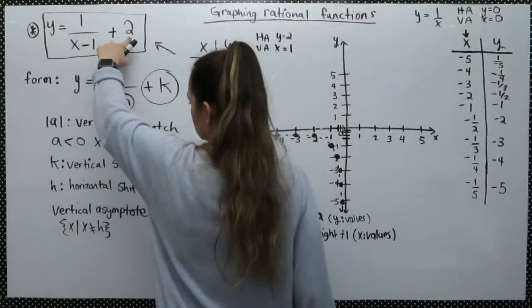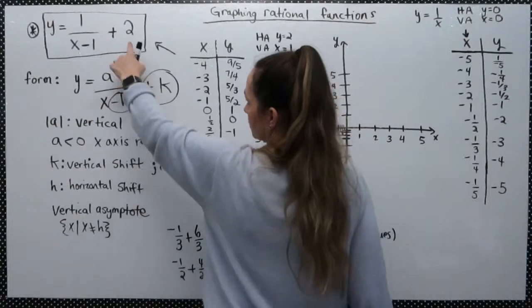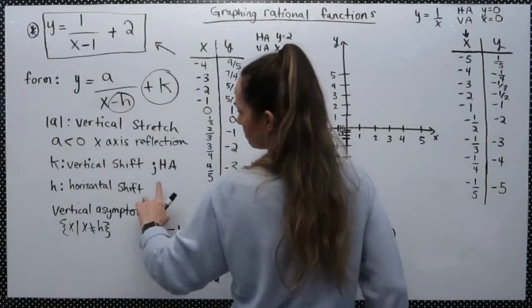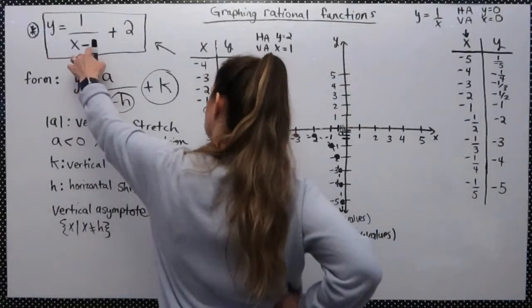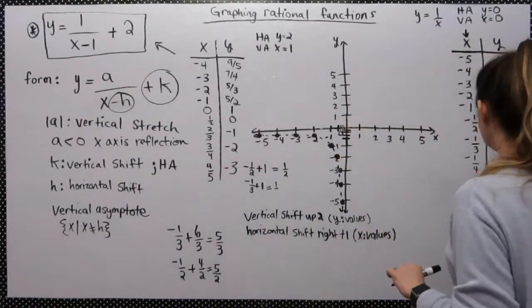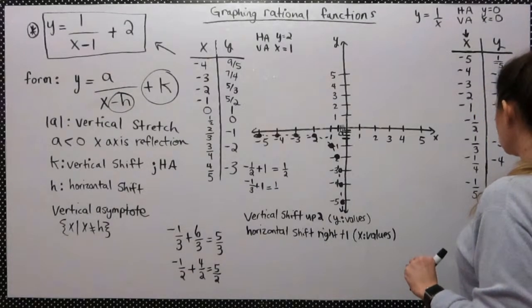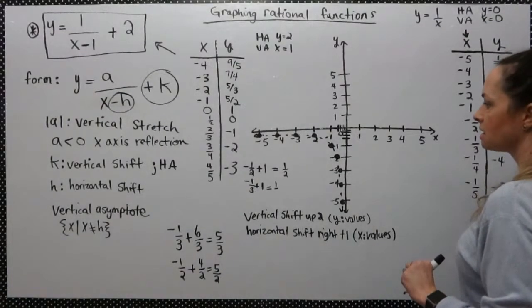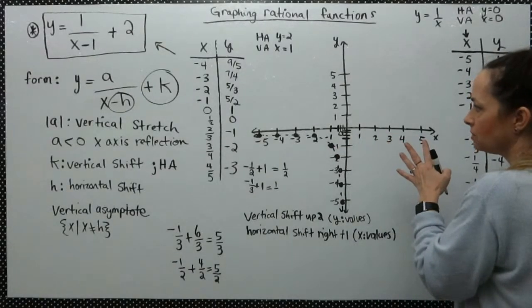So we've got, it said our horizontal asymptote was at K, which is 2. And then from the form, it said the vertical asymptote was when X cannot equal H. And H is positive 1 because the form is negative.